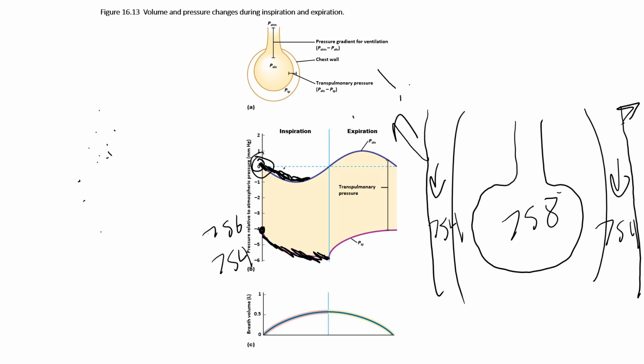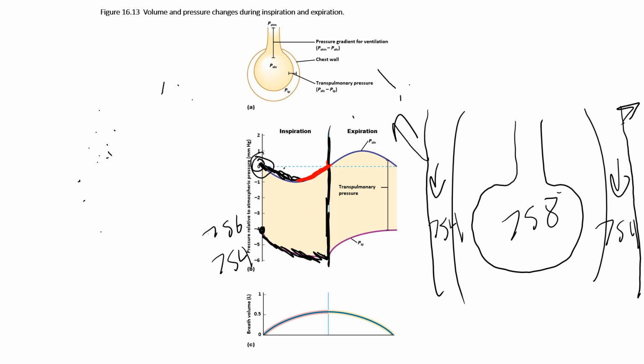Now you'll notice the one confusing part of this is inhalation doesn't end until right here. And what you'll notice is that intra-alveolar pressure, I'll draw it in red, actually begins to increase during the second half of inspiration.